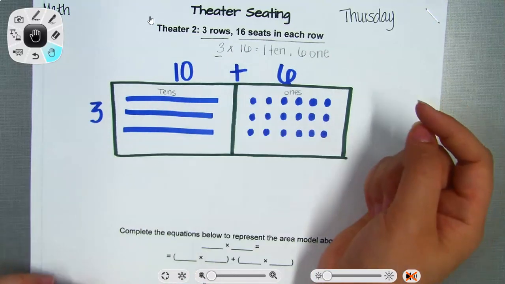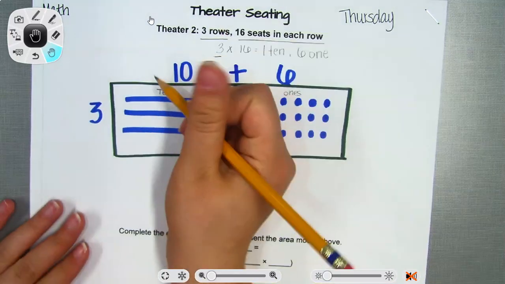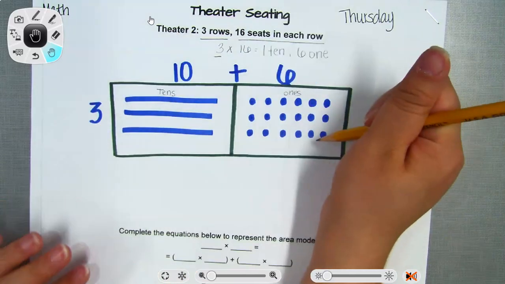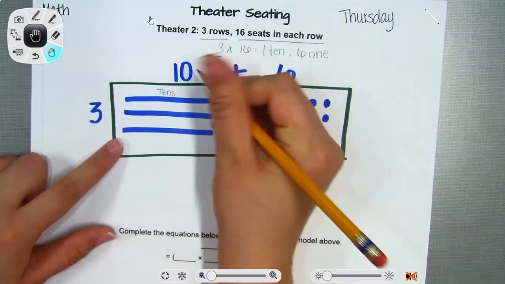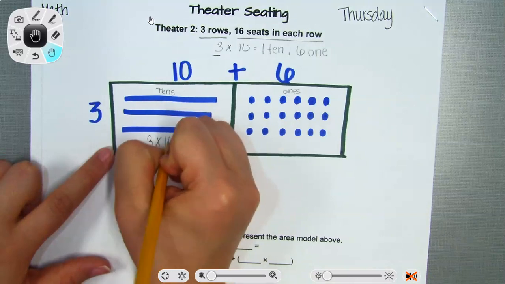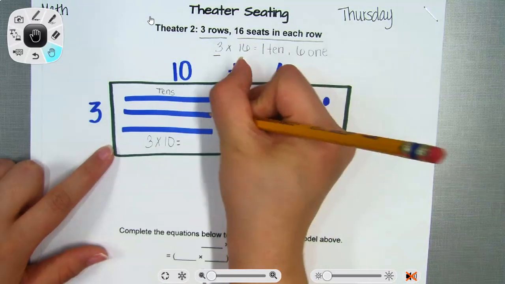Okay. So what I'm going to do now is I am going to multiply my tens and then multiply my ones. So I know that I have 3 rows of 10. So that means I have 3 times 10 equals. So all you have to do, guys, you have your picture here.